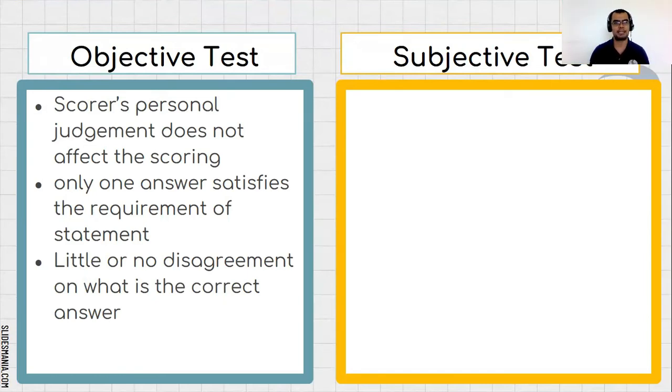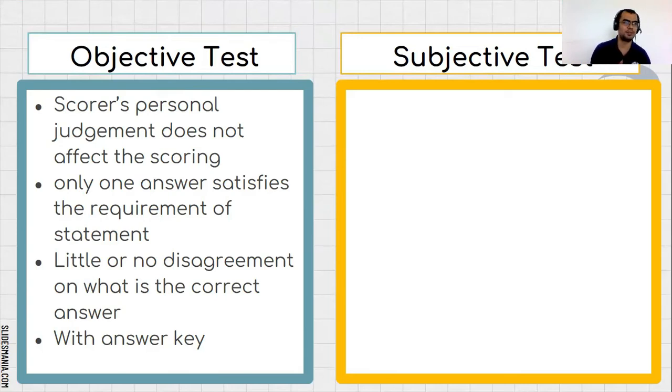Examples of these objective tests are multiple choice. And if you are having this multiple choice, answer key is very important. And we have here little or no disagreement on what is the correct answer. There are really some students who will try to challenge your answers because they are also knowledgeable.